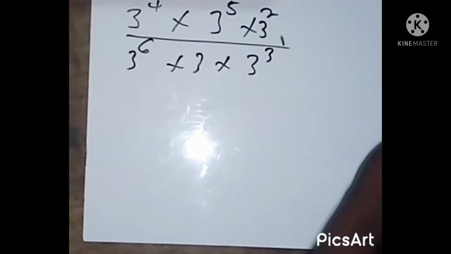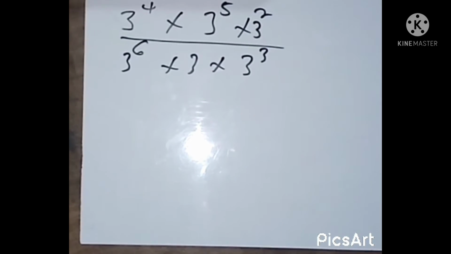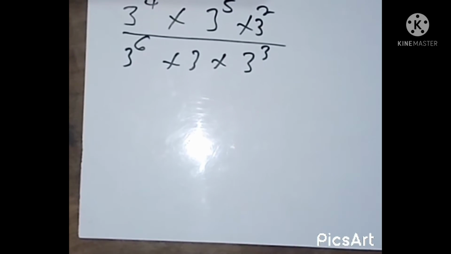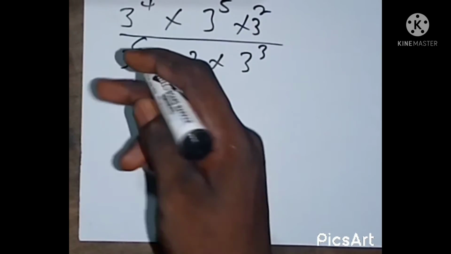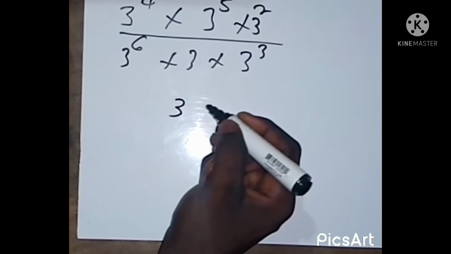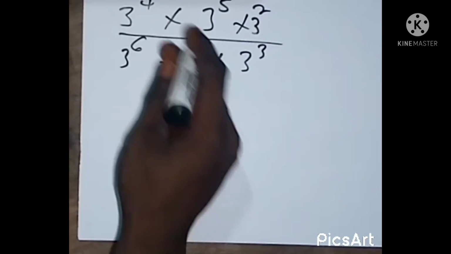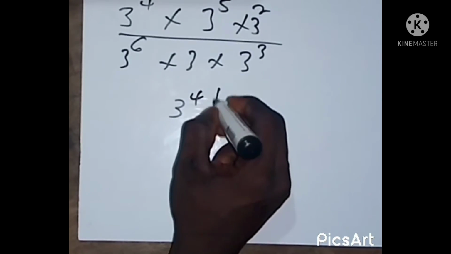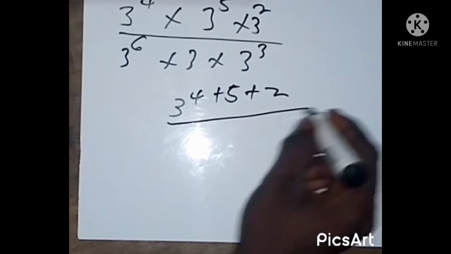And with this one, it is easy since the bases are equal and they are multiplying. So for the numerator, we are going to get 3, since the bases are equal and it is multiplying, so 3 exponent 4 plus 5 plus 2, and all this over.